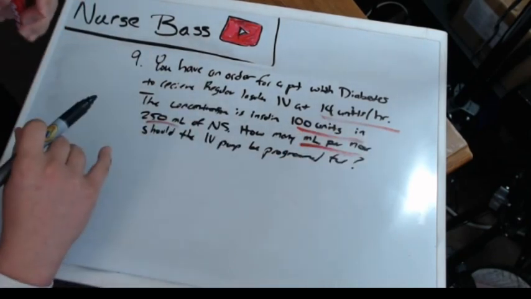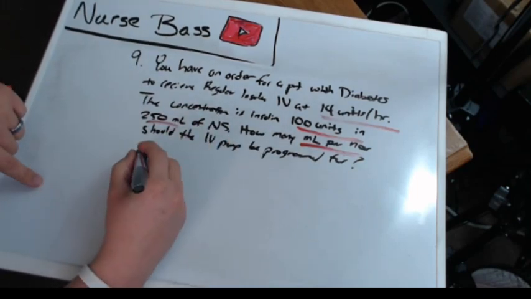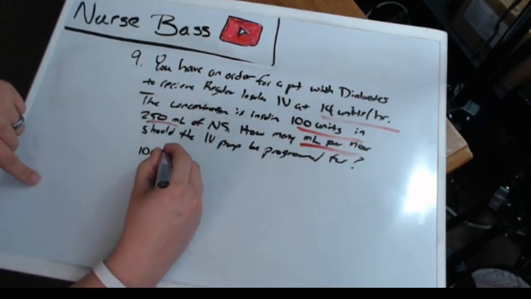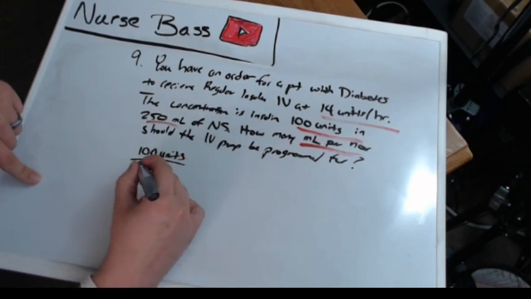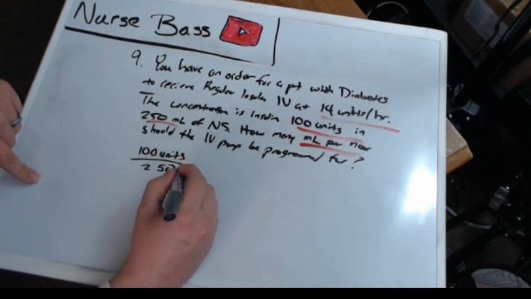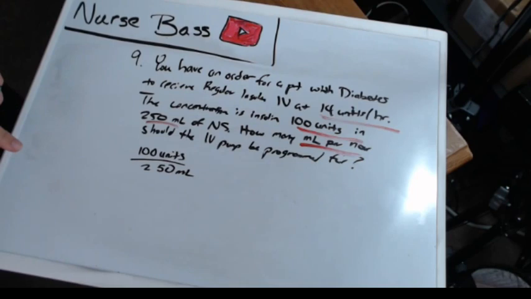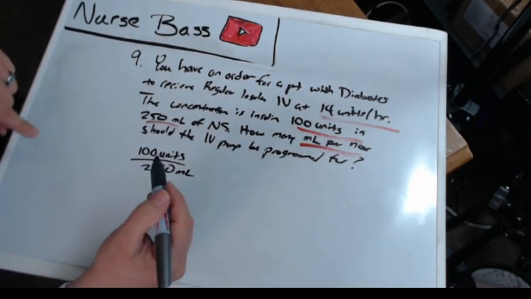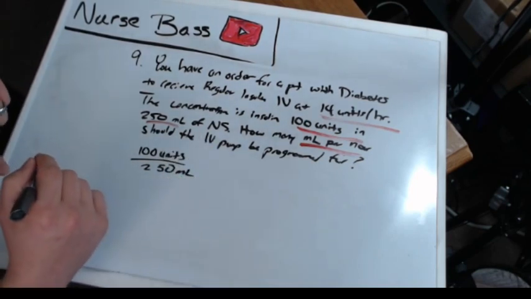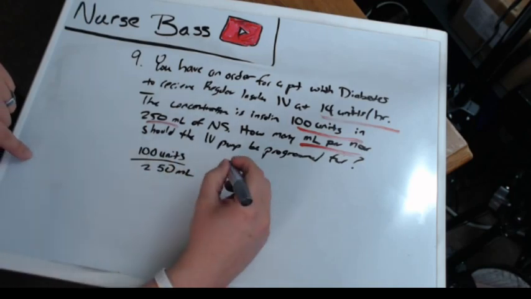Nitty gritty, need to know information, right? So we have 100 units. This is our known information. And 250 milliliters. What they need is 14 units. Okay?